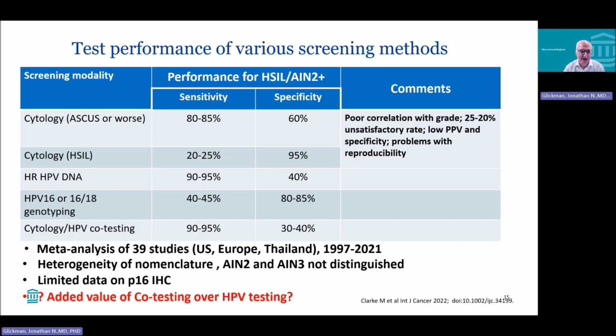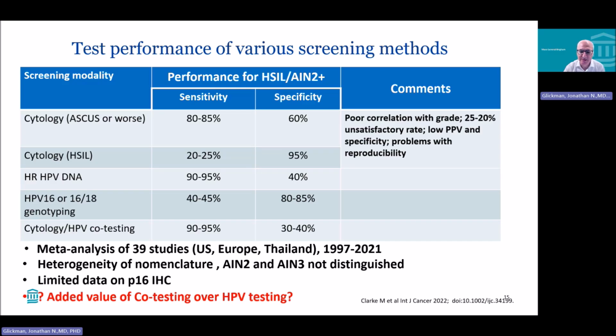if one takes the cytology ascus or worse, atypical squamous cells or worse, that's relatively sensitive for the detection of these on subsequent biopsy, but the specificity is only fair. If one limits this to an H-SIL diagnosis, the specificity is quite high for H-SIL on biopsy, but there is a trade-off in very low sensitivity.